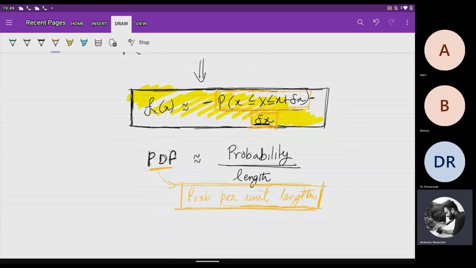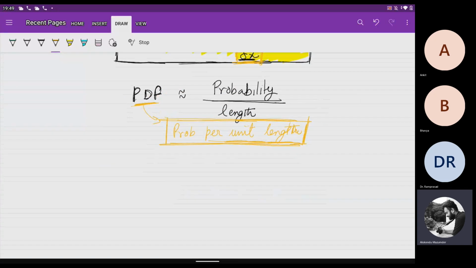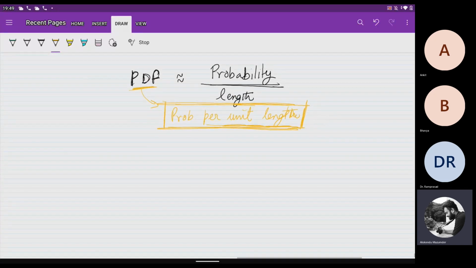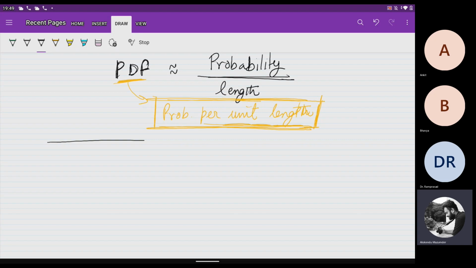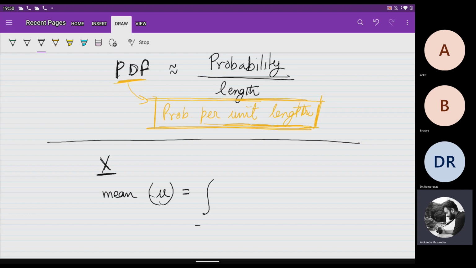Again, I have a brief overview on this. Basically, if I have a random variable x, then its mean is denoted by mu, which can be written as the integral from minus infinity to plus infinity of x times f(x) dx. f(x) is the PDF of x.